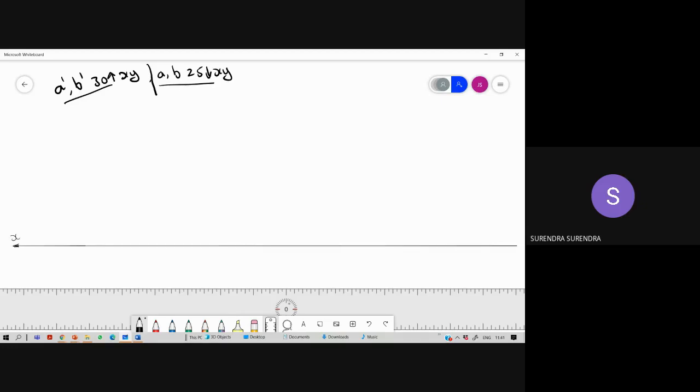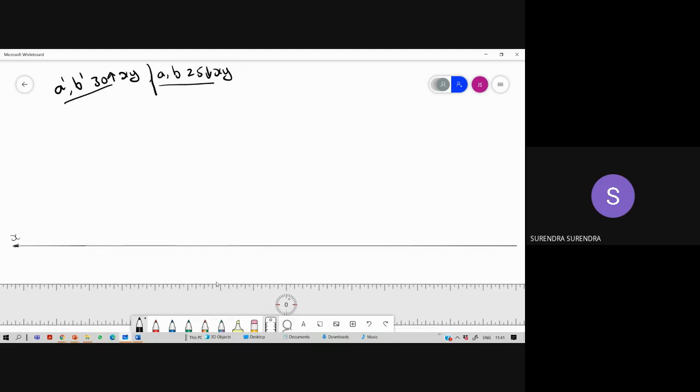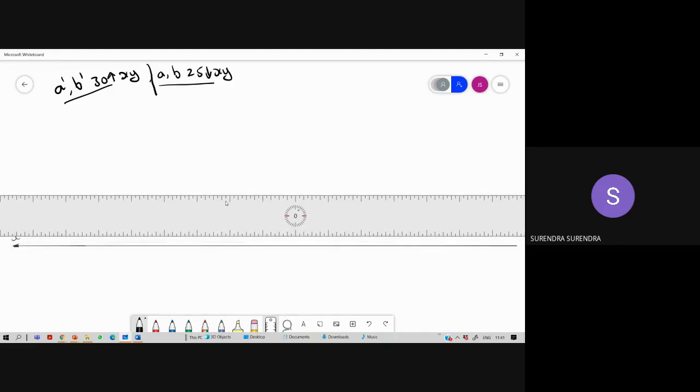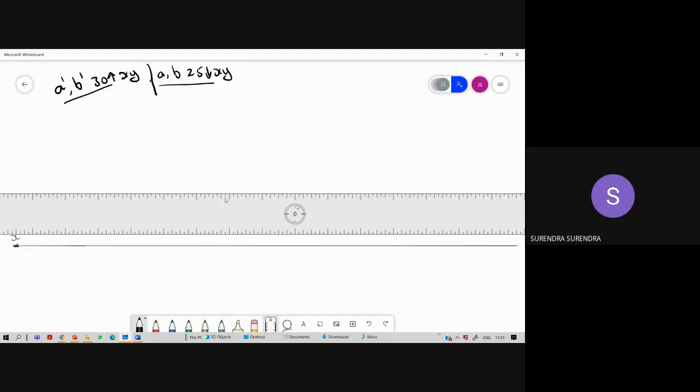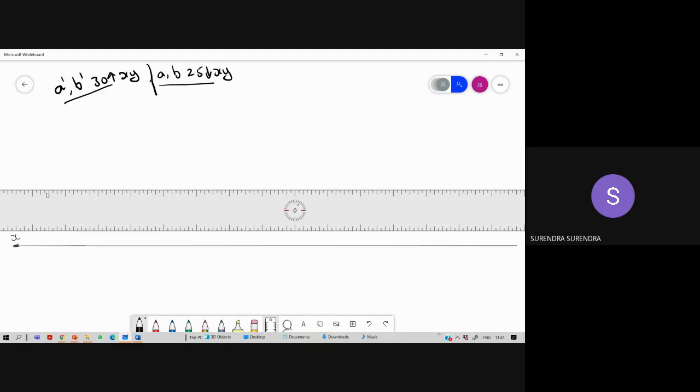So first, the condition: A dash, B dash are 30 mm above the XY line. So mark a point 30 mm above the XY line. Draw a line parallel to the XY line for a length of 80 mm. This must be with an HB pencil.